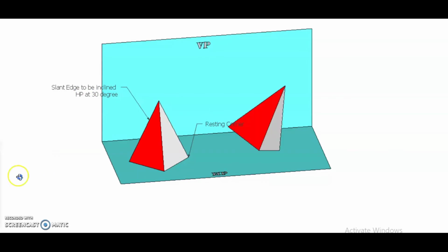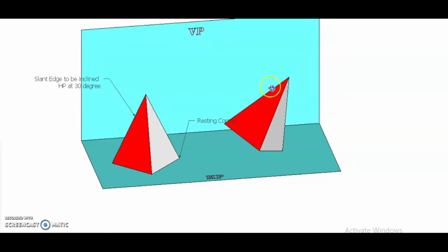This line should be inclined to HP at 30 degrees. So the overall orientation will be like this one.